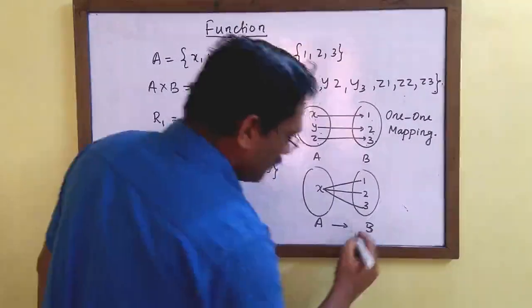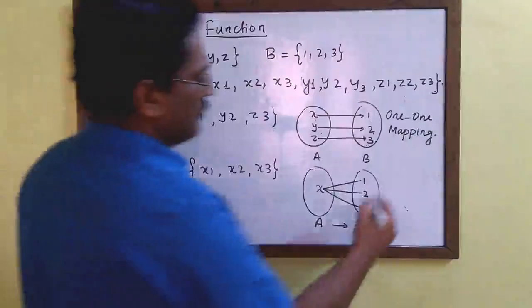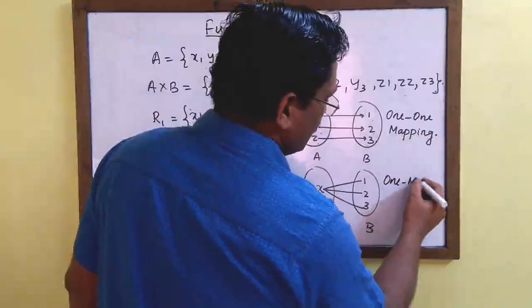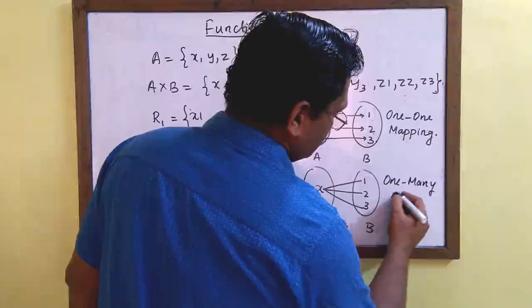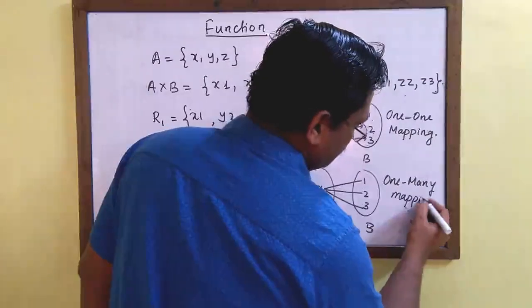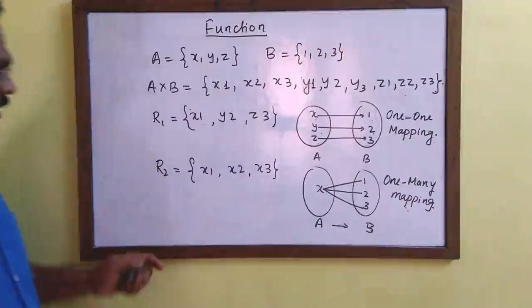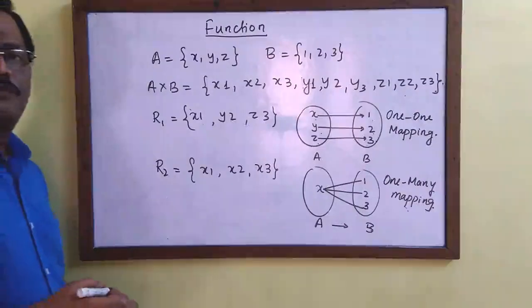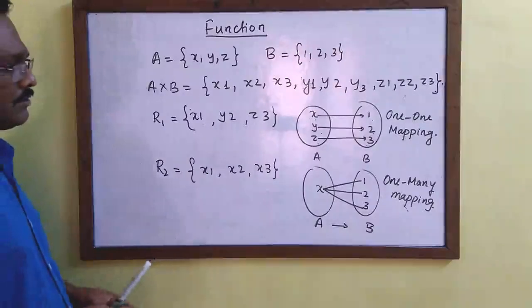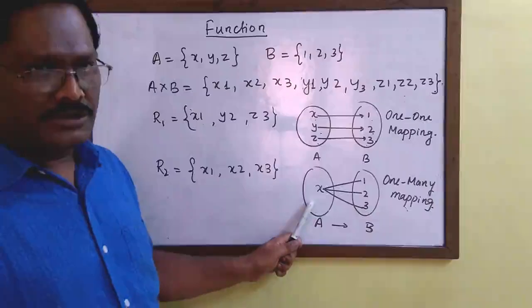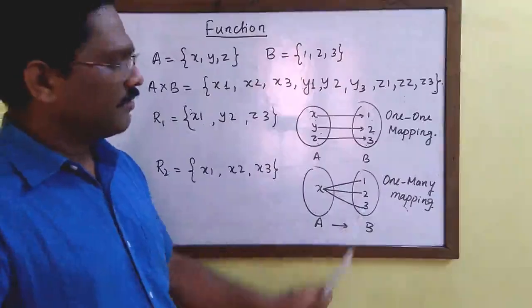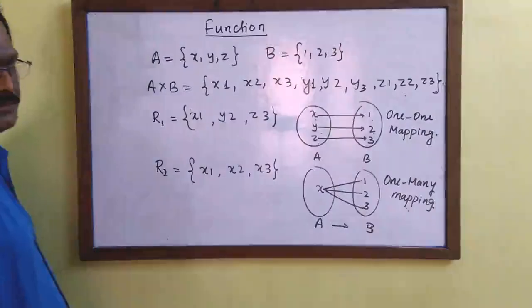Now this will be called a one-many mapping. In this case the domain is x and the range of the relation is 1, 2, 3.